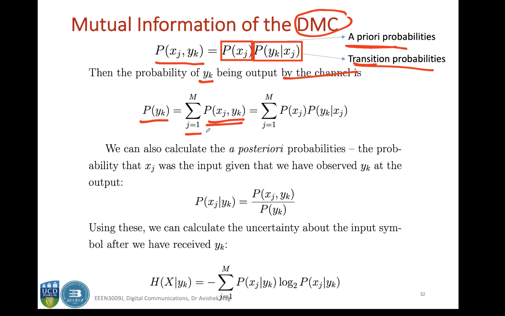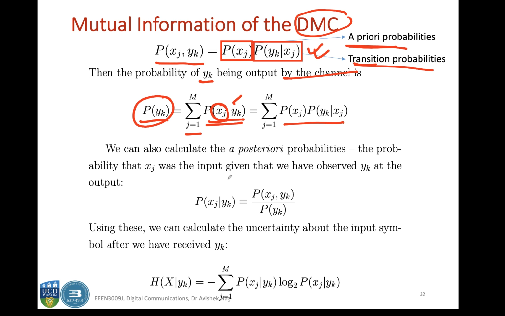So if you sum over one particular variable of a joint distribution, then you get the marginal distribution of another variable. So that's what we are trying to obtain by summing over all j's equal to 1 to m. And this joint probability, as we have seen here, is this expression.